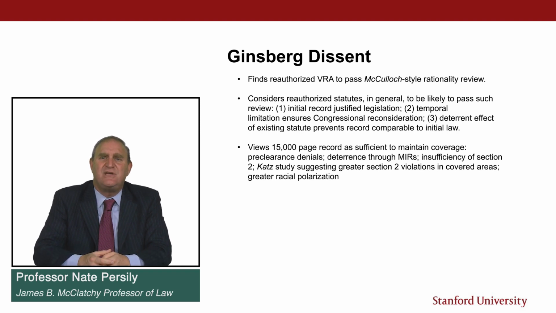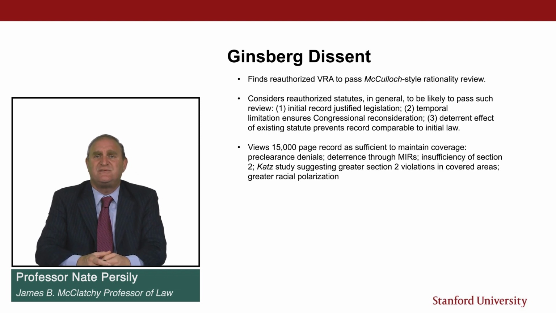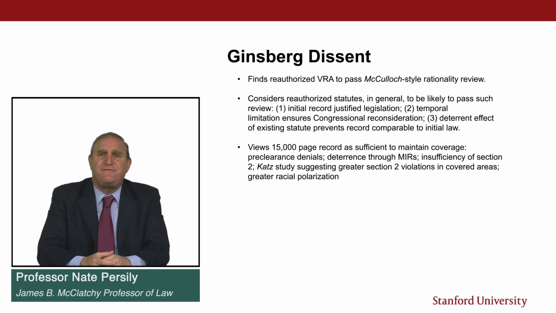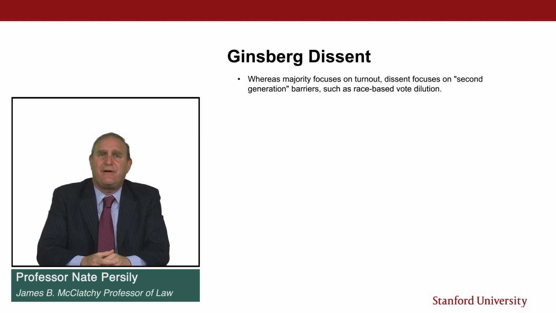maintain the coverage, that there's a history of denials of preclearance, that there's a history of deterrence through what's known as more information requests, and that if you look at Section 2 litigation, there's good evidence to suggest that it justifies the coverage formula. So whereas the majority focused on turnout, the dissent focuses on a lot of these second-generation barriers, such as race-based vote dilution.